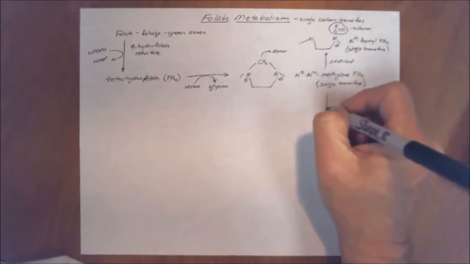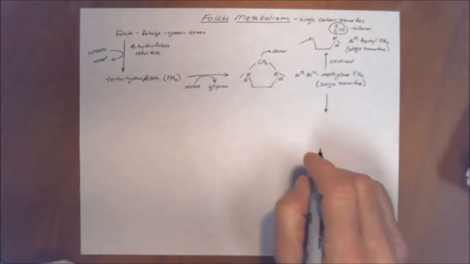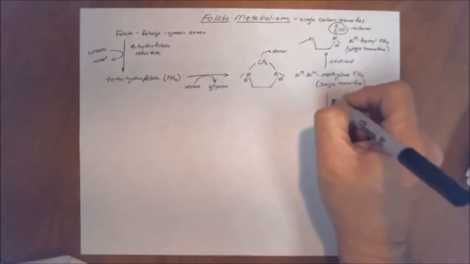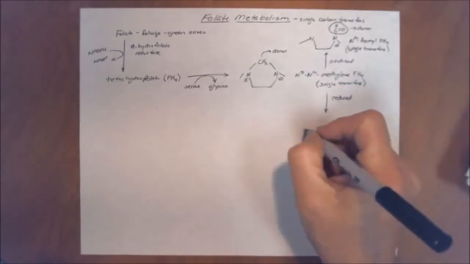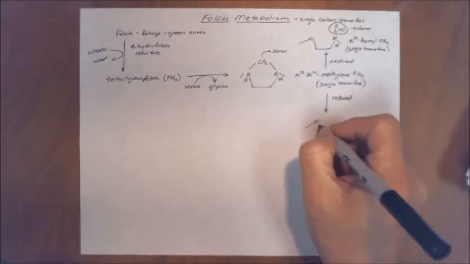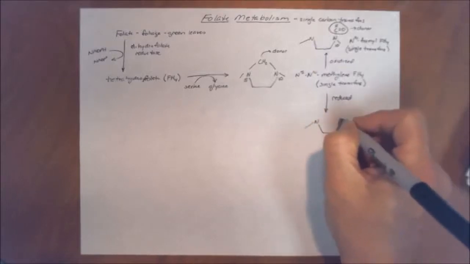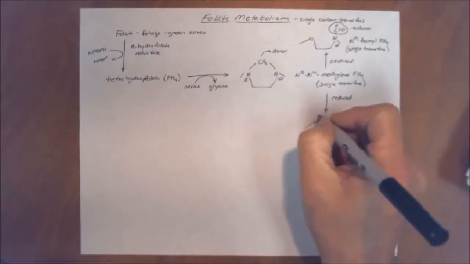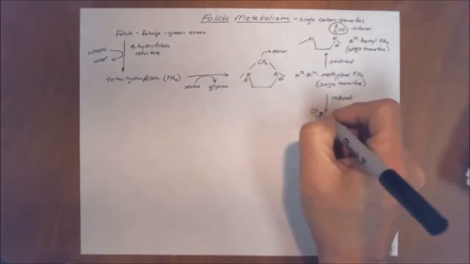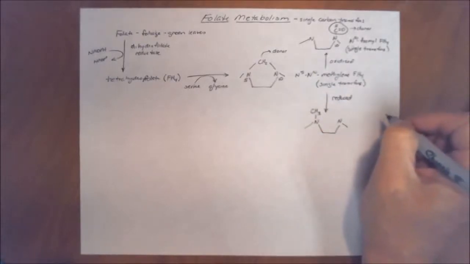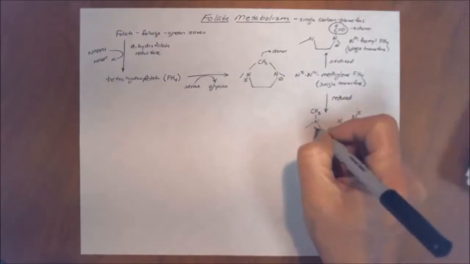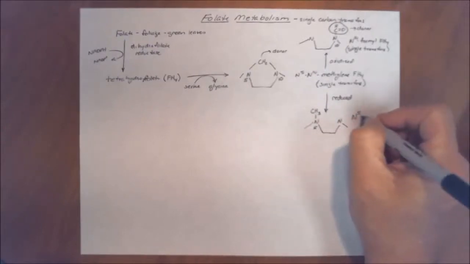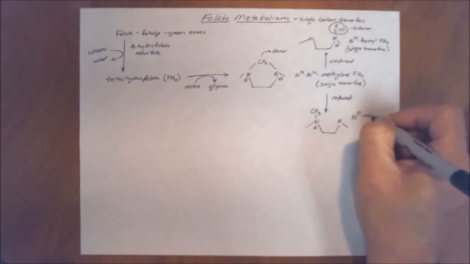Now this methylene tetrahydrofolate can also be reduced, and when it is reduced, it is forming this structure. This structure is called N5 methyl tetrahydrofolate, because the carbon is now on the number 5 nitrogen.